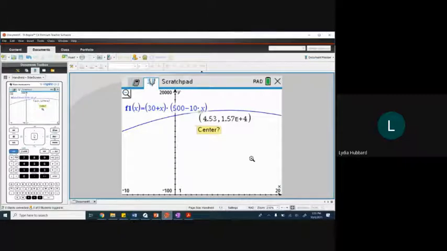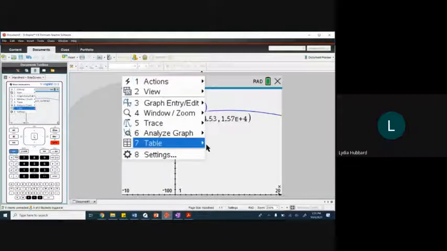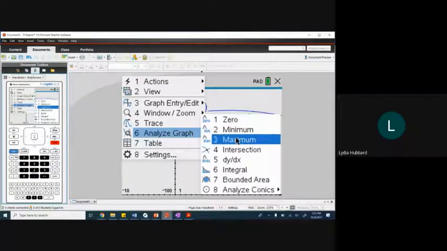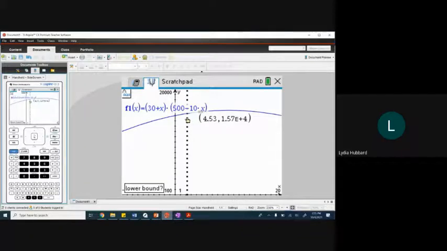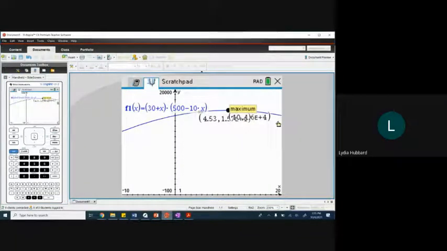That's okay. So what we're looking for here is the maximum, and we can see that it's occurring around here. So we're going to hit Analyze Graph, then Maximum. We know that this is probably to the left of our maximum, and this is probably to the right of our maximum. And so we have that happening right about here. That is happening at 10 additional trees.